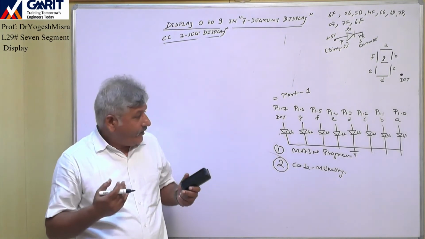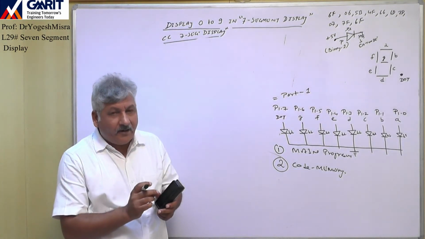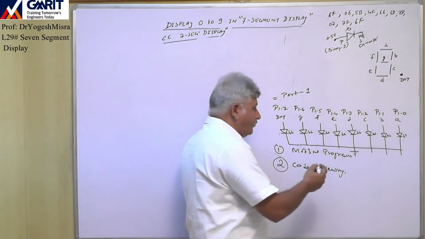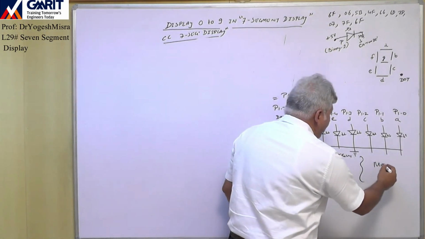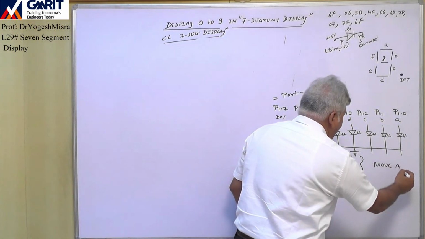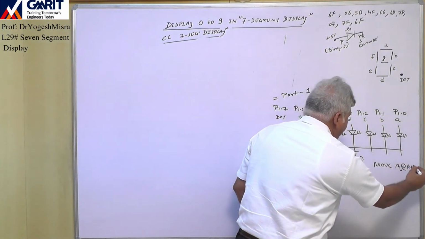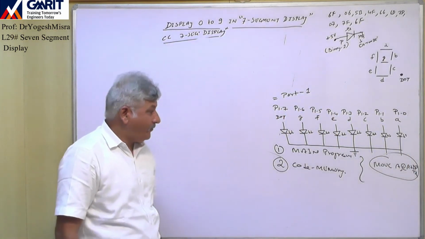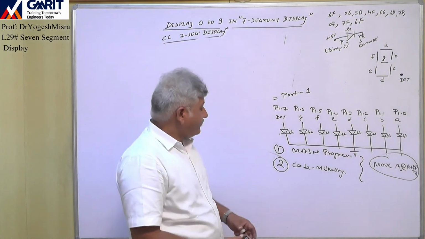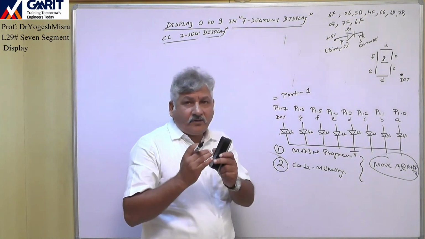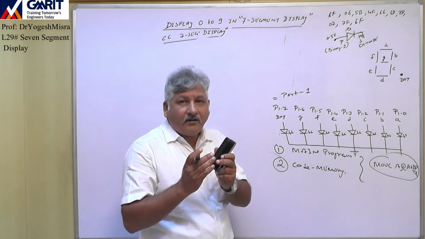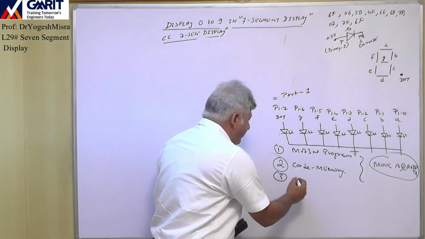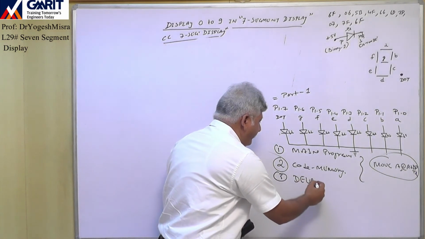So we already discussed that if some data is there in the code memory and we want to retrieve that, then for that we have to use one instruction, MOVC A, @A+DPTR. So we are going to use this instruction in our main program, and finally to generate the delay in between the display of 2 numbers, we have to write our delay subroutine.